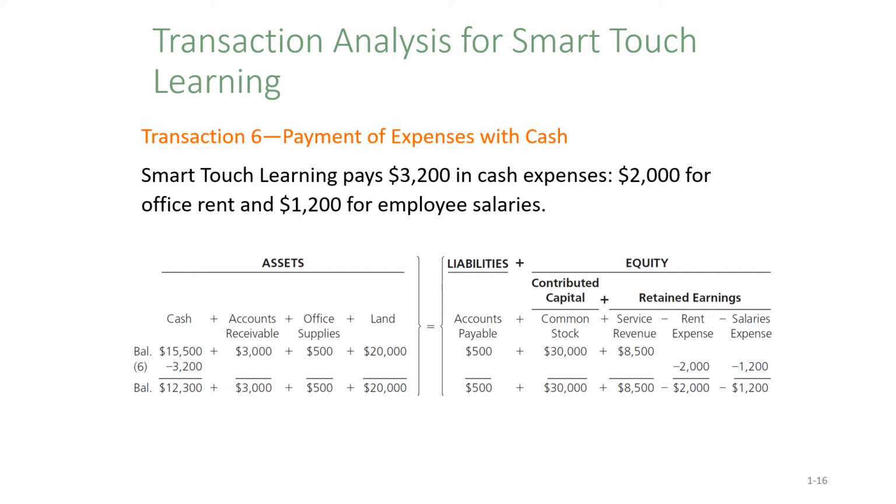The category itself has increased in the amount of $2,000 and $1,200 for the salaries, but overall the effect on our equity, because expenses make the account of equity go down, we are showing those as a subtraction in our equity section. So although our amount of rent expense and our amount of salary expense have gone up in the category totals, they are a reduction in our equity. So that's why we show them as a decrease in our accounting equation.